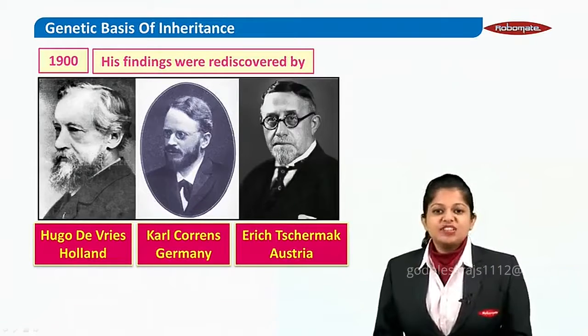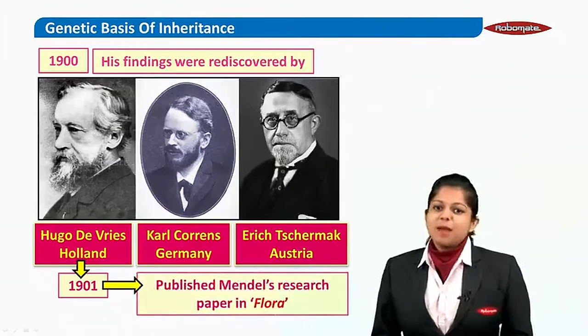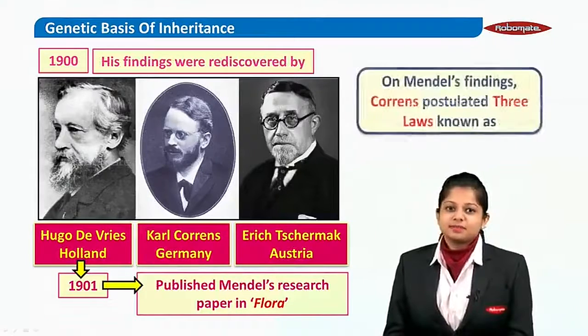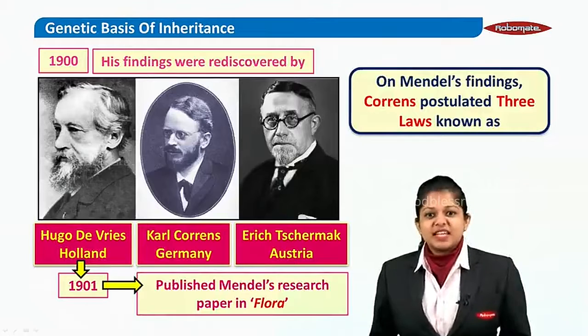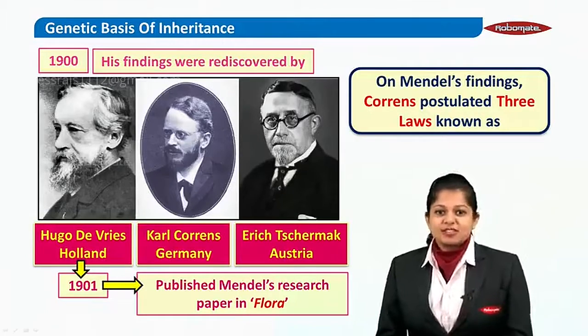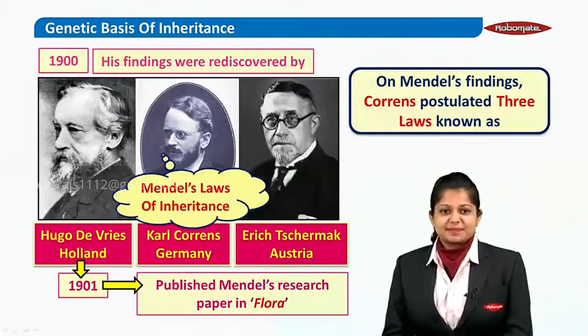Hugo de Vries in the year 1901 published Mendel's research paper in Flora. On Mendel's findings, further Correns postulated three laws known as Mendel's laws of inheritance.